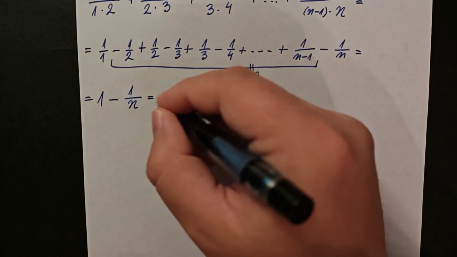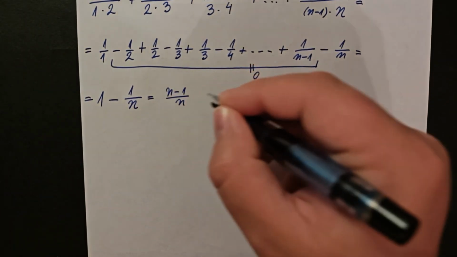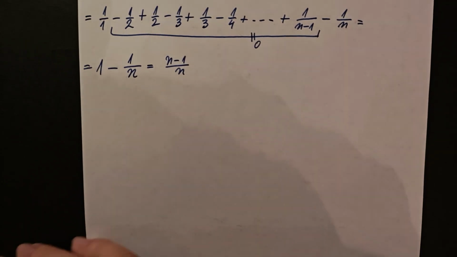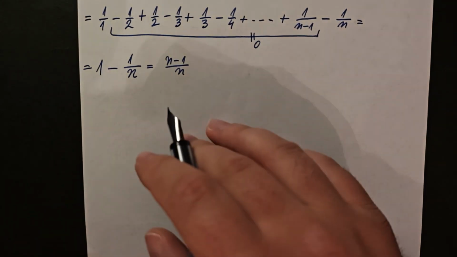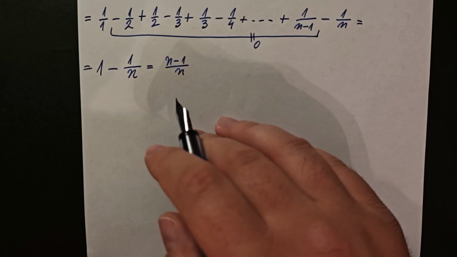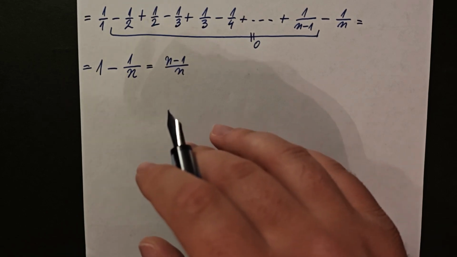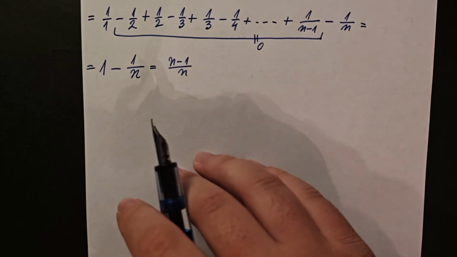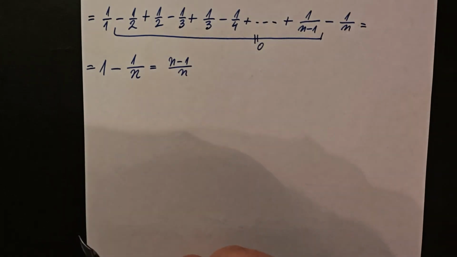So this will give us n minus 1 over n. And as you can see, you can just plug in the value for n to be the current year when a competition is held. And by doing that, you have a new problem for every year that you hold a competition. It's a lazy way to generate infinitely many problems.